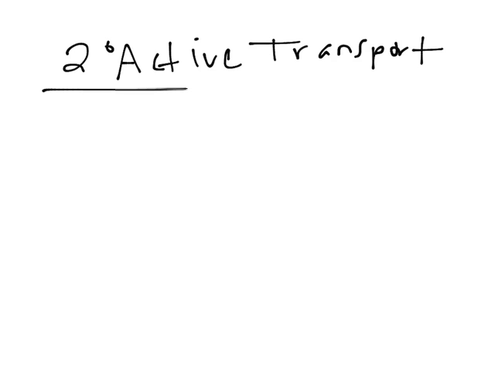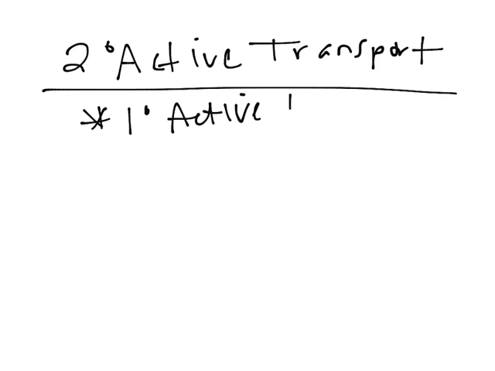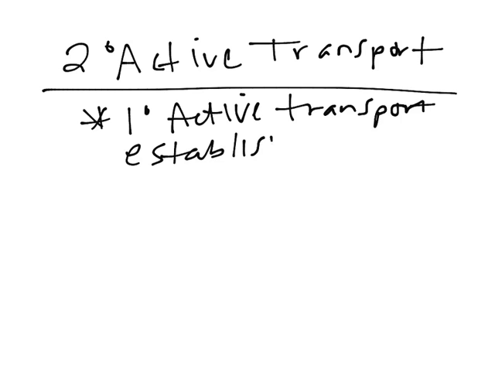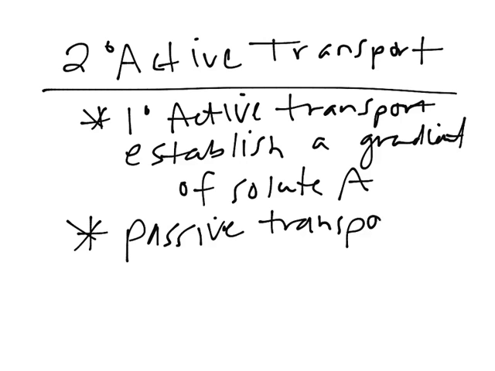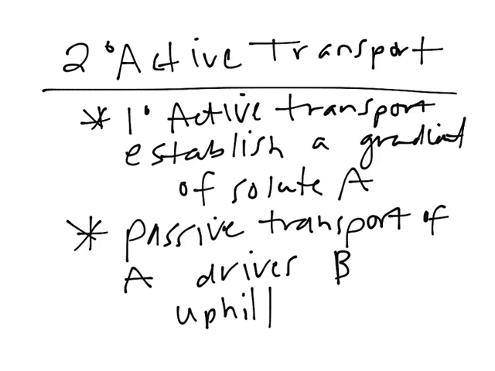So remember, in this process, the first thing that happens is primary active transport is used to establish a gradient of solute A. And then the second process, passive transport of A down its gradient, drives the transport of B up its concentration gradient.